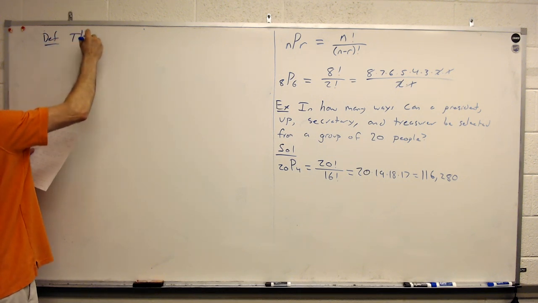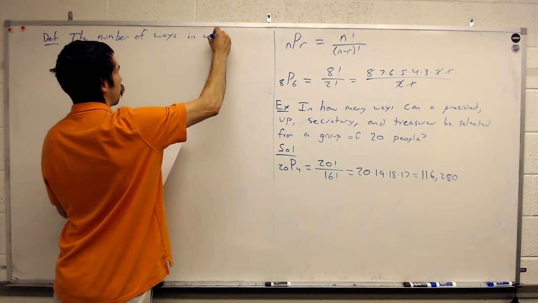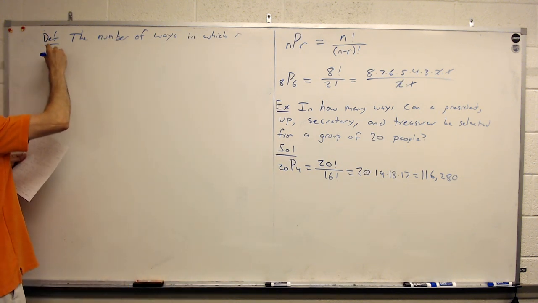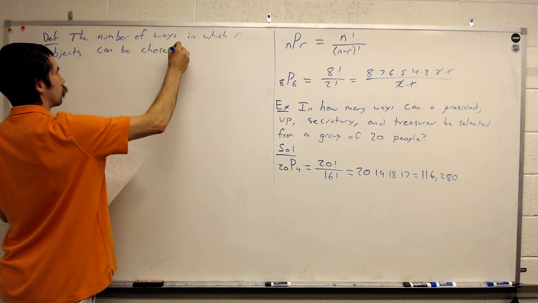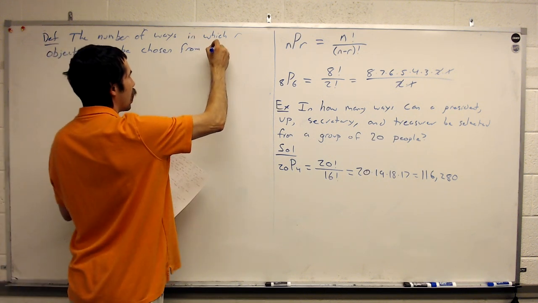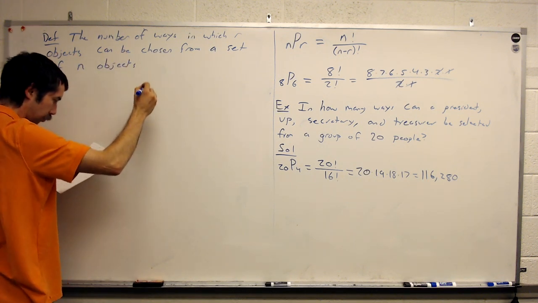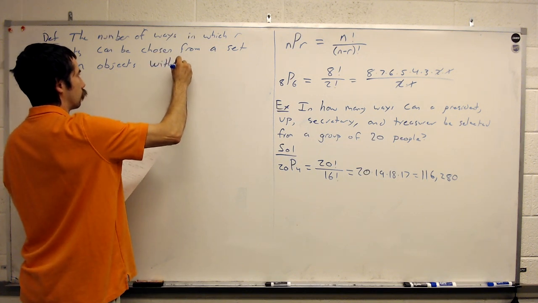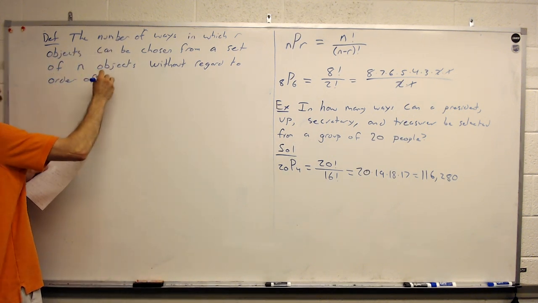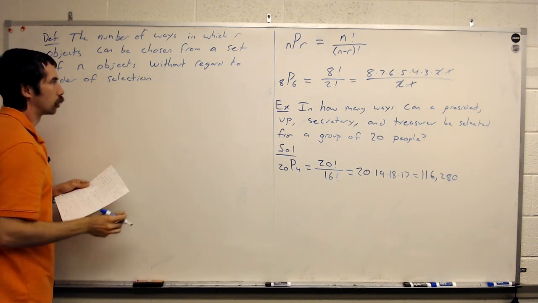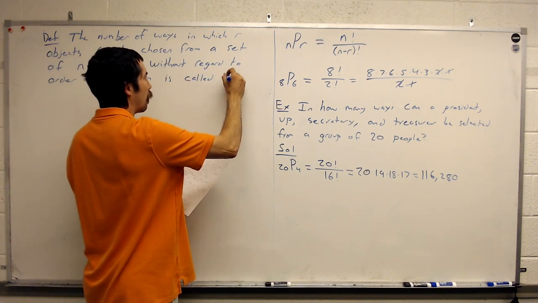So the number of ways in which r objects can be chosen from a set of n objects without regard to order of selection is called the number of combinations.